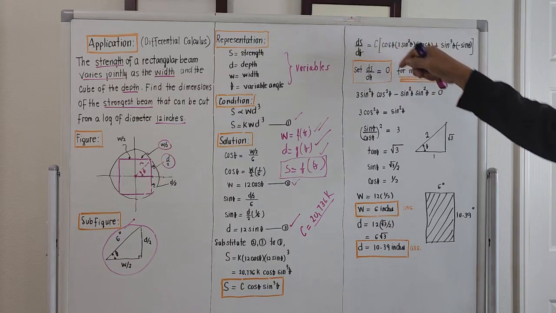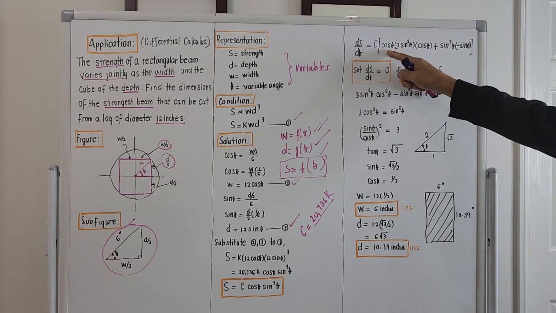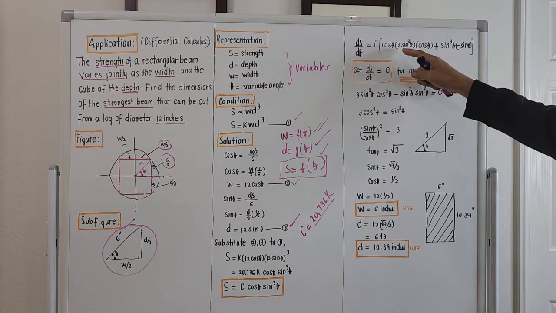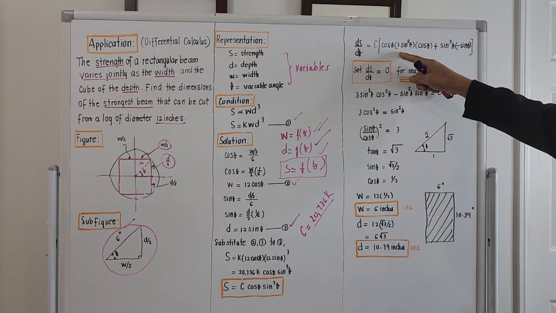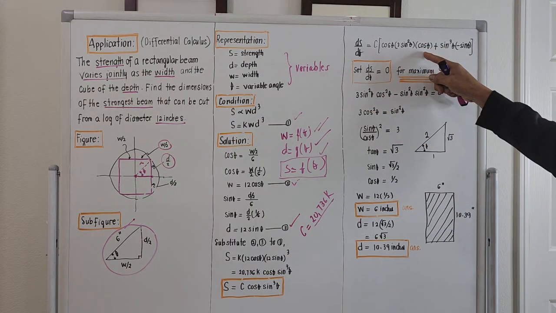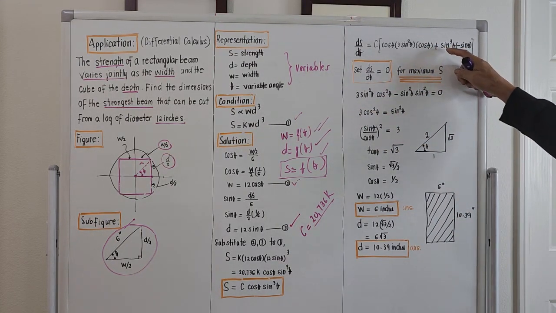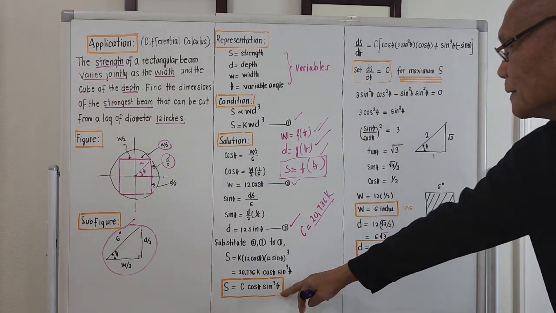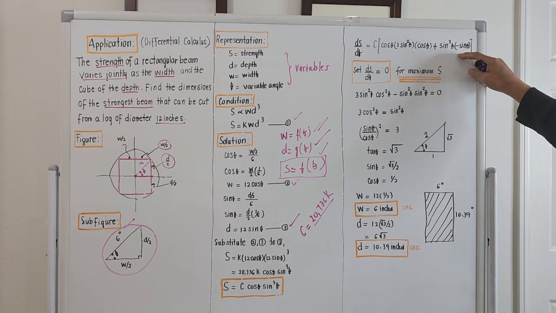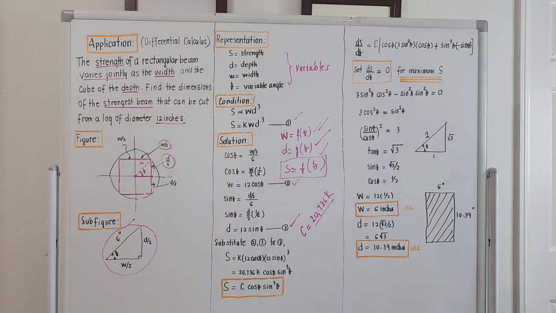So C, open bracket, first function, cosine of theta, times the derivative of sine cube of theta, which by the power formula is 3 sine squared of theta times the derivative of sine of theta, which is cosine of theta, plus the second function, sine cube of theta, times the derivative of cosine, which is negative sine of theta, close bracket.